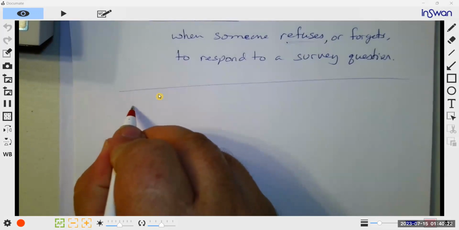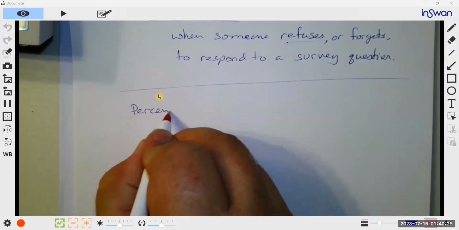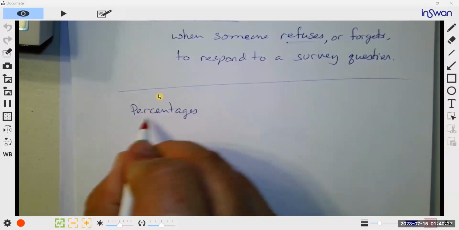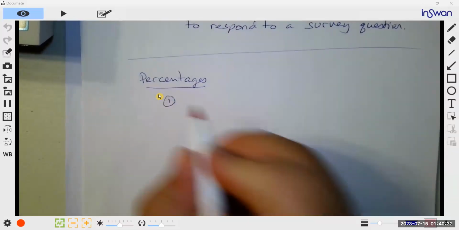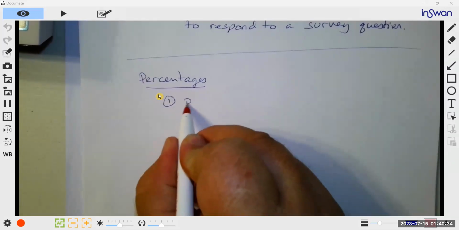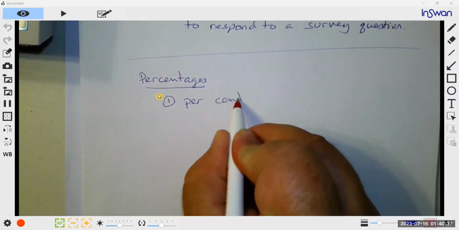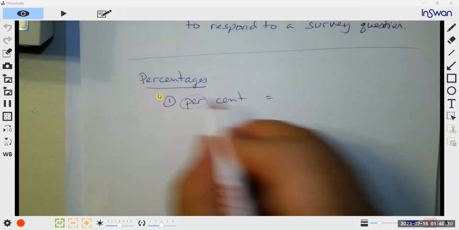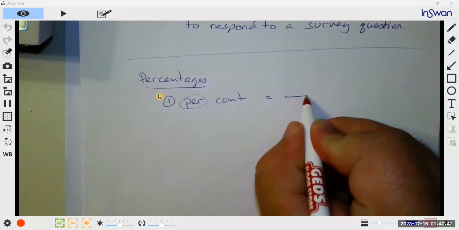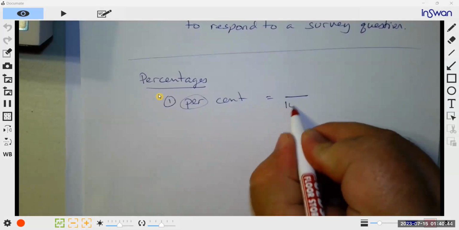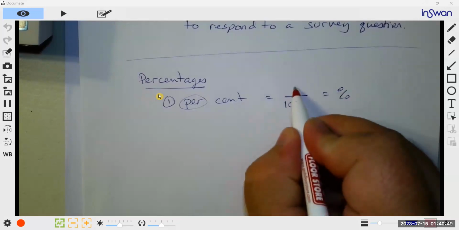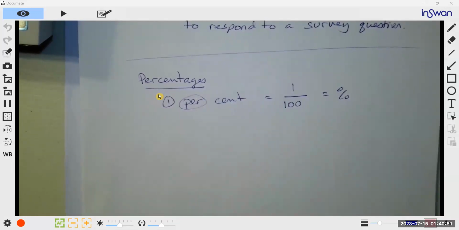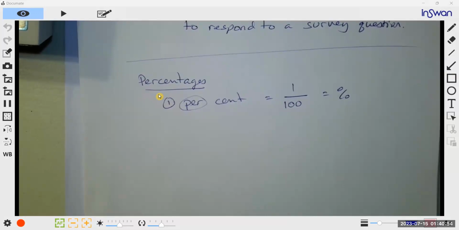And the last thing I want to talk about are percentages, and how to convert. First rule. Okay, what is percent? When you say per, it's divided. Cent is 100. So a percent is actually 1 over 100. All right.